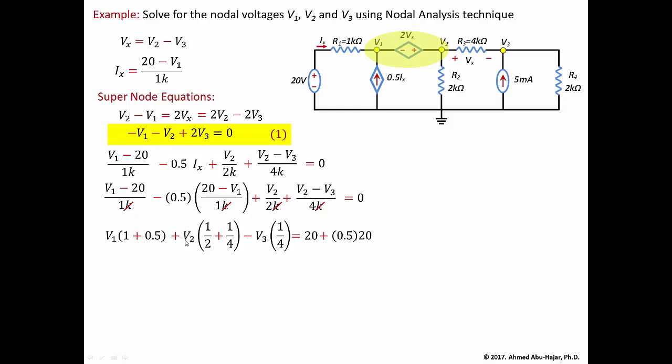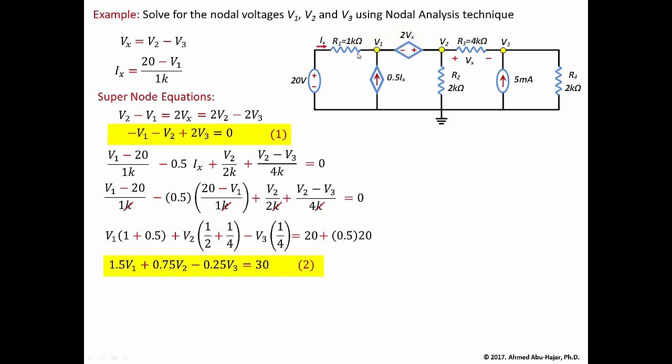We have 1.5 times V1, and for the V2 term 0.75 times V2, and for the V3 term minus 0.25 times V3, and this equals 30, since 20 plus 10 is 30. So this is the second equation of the supernode.